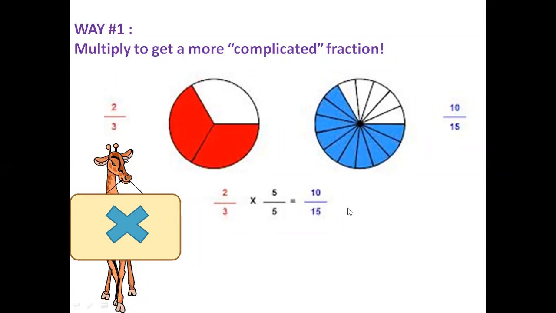So the numbers are getting larger. This is why we say we're getting a more complicated fraction. Now, our fraction 2 out of 3 is equivalent to the answer, which is 10 out of 15. And you can check here the drawings. They have the same area, the same amount of, imagine if it's a pizza, yeah? You are getting the same amount of area. Okay.